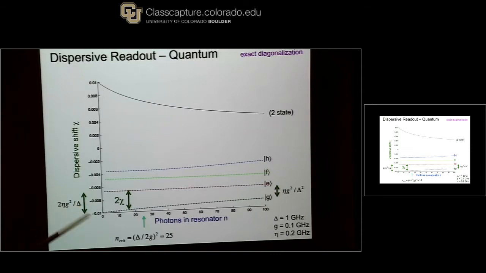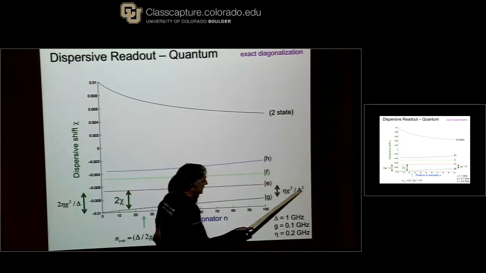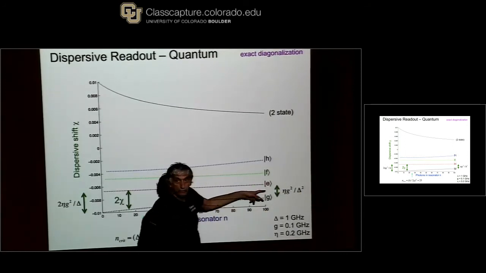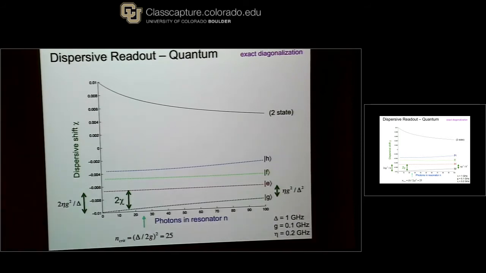So this is what you see over here. And if you remember, it's about 2 times eta g squared over delta here; at high powers it's eta g squared over delta squared. And that's what I computed classically a few minutes ago. So that was the initial guess that we had. And actually, the initial guess is a much better approximation of what's going on than the two-state approximation, full quantum.